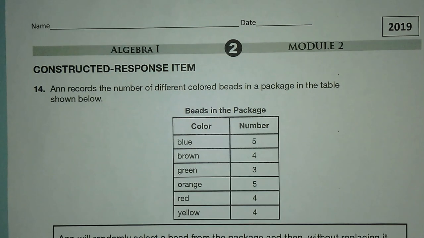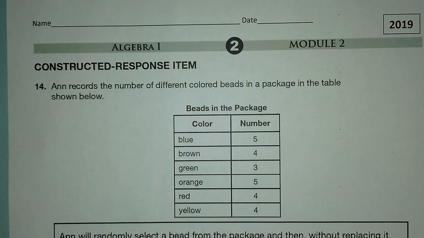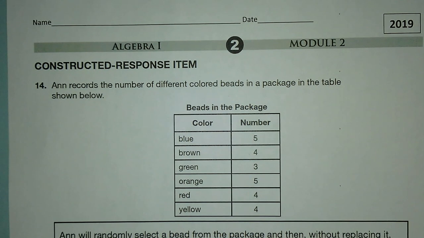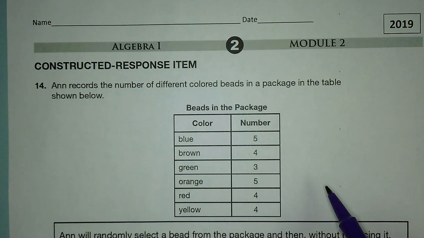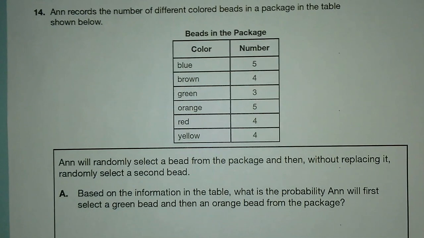What's this one about? Anne records the number of different colored beads in a package in the table shown below. Okay, so Anne, number of different colored beads. That's simple enough. Blue, brown, green, orange, red, and yellow.